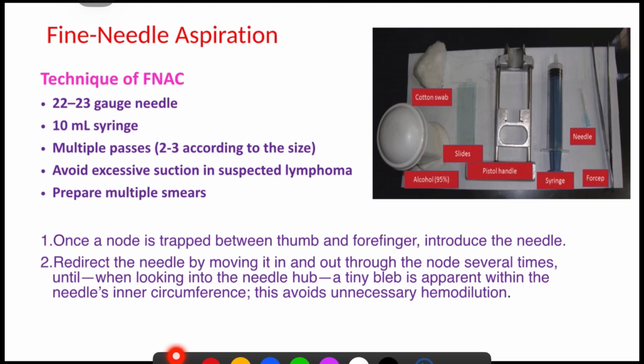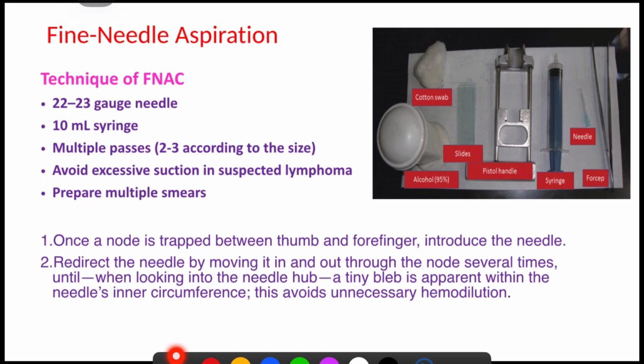Some may have a pistol handle, which helps in creating excellent pressure. We require a 22 to 23 gauge needle and a 10 ml syringe. During this procedure multiple passes are required according to the size, and we must avoid excessive suction in suspected lymphoma because it may damage lymphoid cells, and we have to prepare multiple smears.